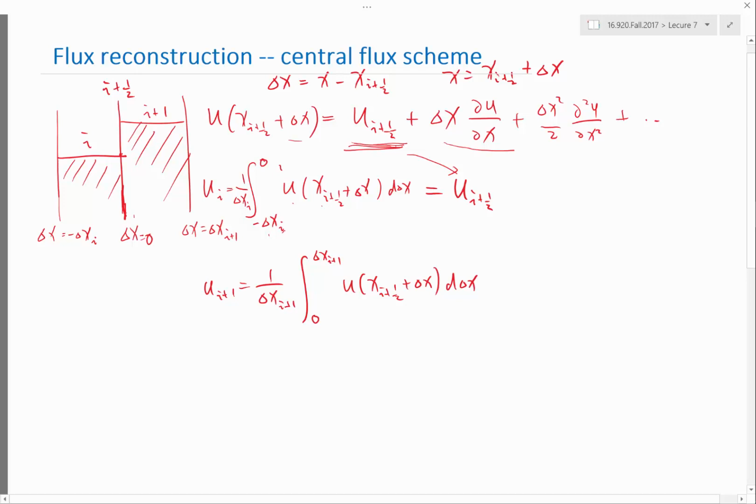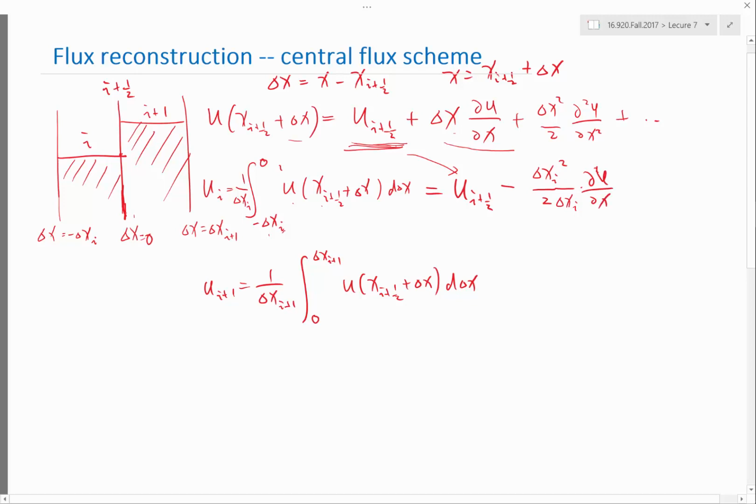The contribution from the second term is a linear integral, and the linear integral is going to give me minus half of delta xi squared times partial u partial x, divided by delta xi.